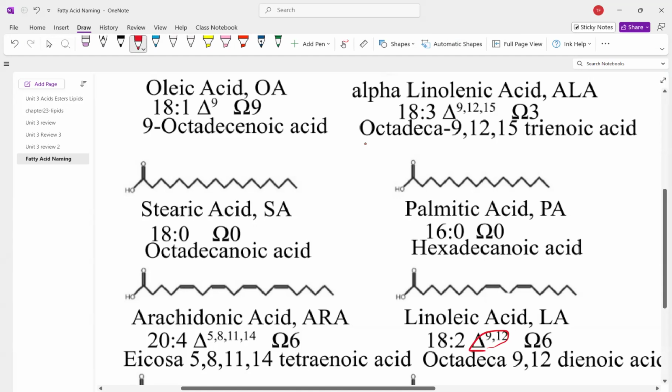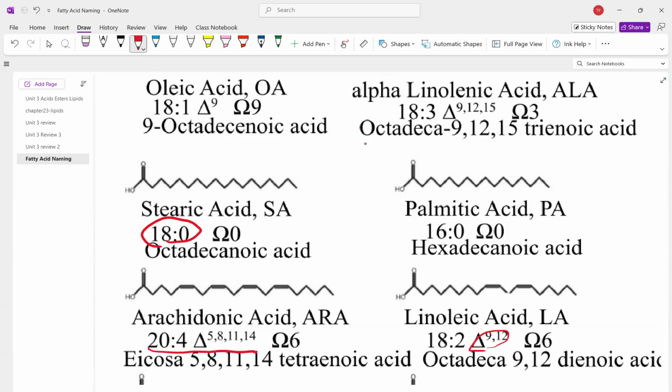Well, stearic acid and palmitic acid, neither one of them have a double bond, so there's no delta with it. But what they do is they go 18, meaning 18 carbons, colon, and then the number of double bonds. In this case, 0.